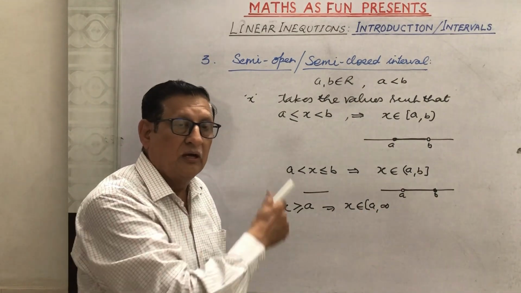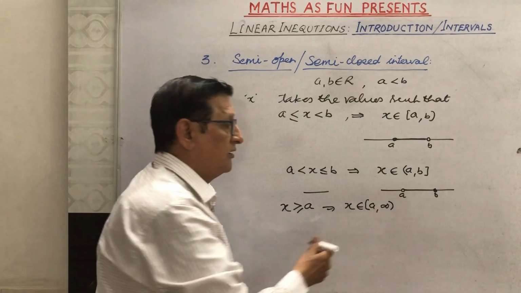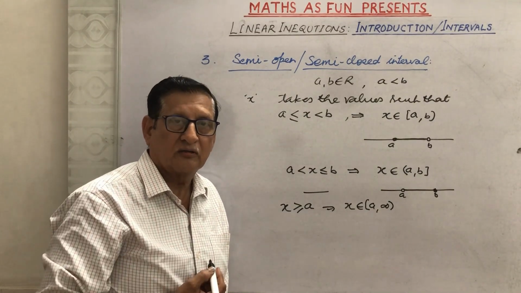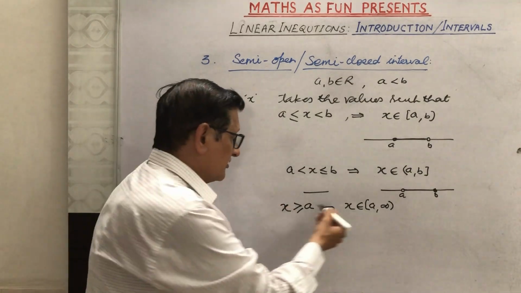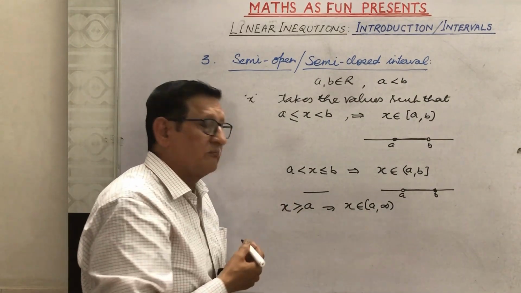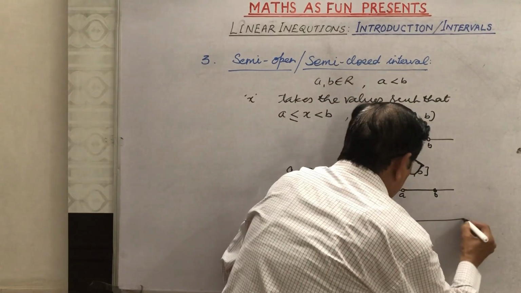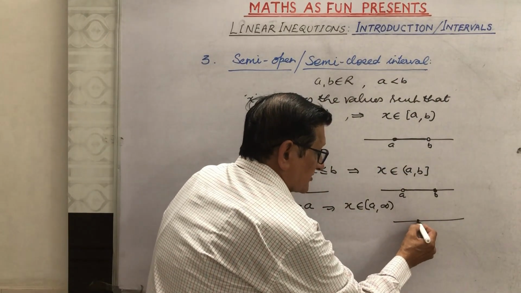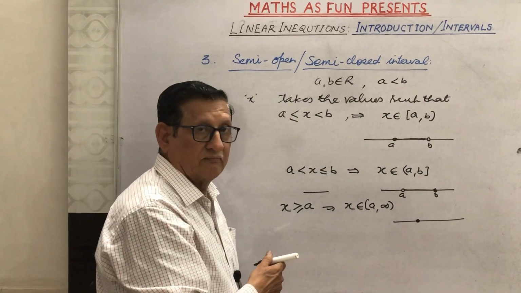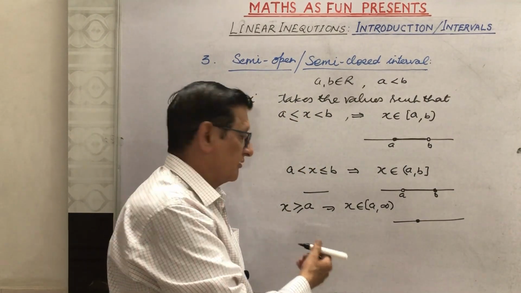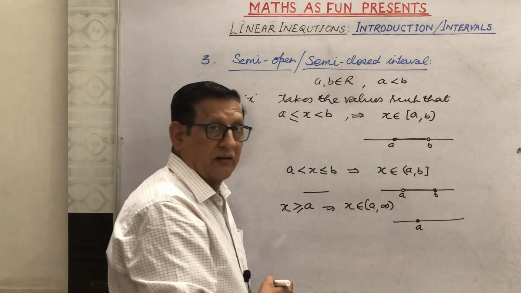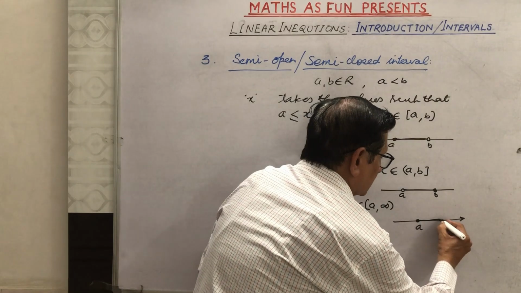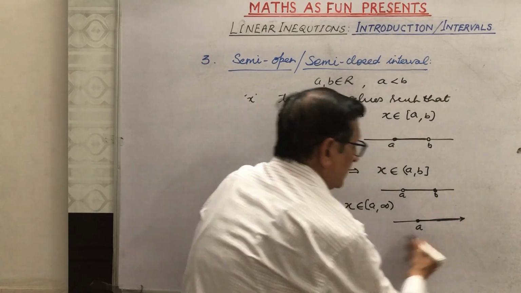But please remember, infinity is always open because there is no particular value for infinity. We can also write it in the inequality form, and on the number line when we present this, a will be darkened, a filled bubble. This is a. And on the other side we will just mark it with the arrow because this goes up to infinity.